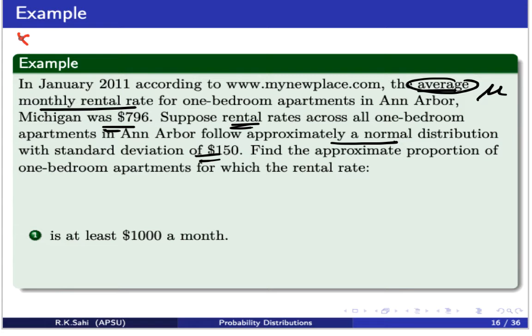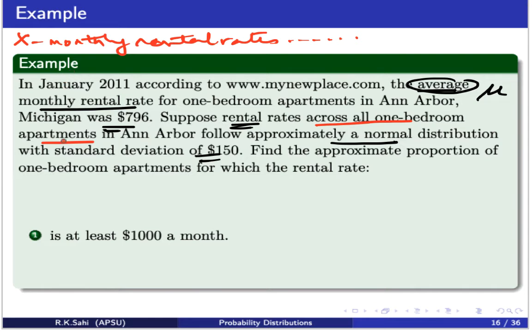The random variable here is monthly rental rates across all one-bedroom apartments in Ann Arbor. So just fill the gaps from here. This is a random variable because the monthly rental rates keep changing.